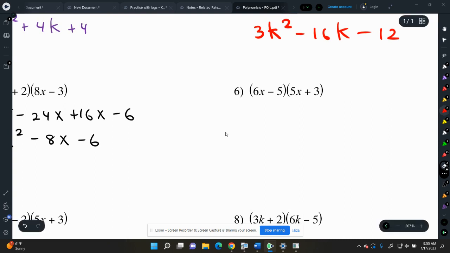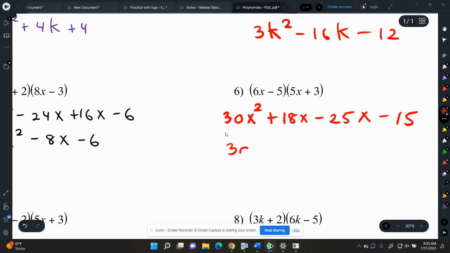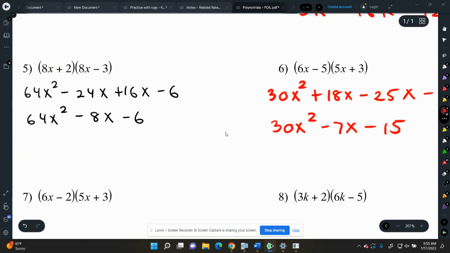Number 6. Caden. I got 30x squared plus 18x minus 25x minus 15, which gives us 30x squared minus 7x minus 15. Excellent, excellent, excellent.